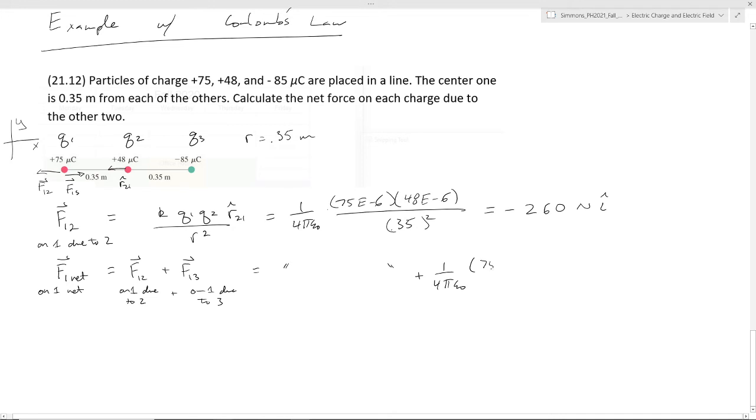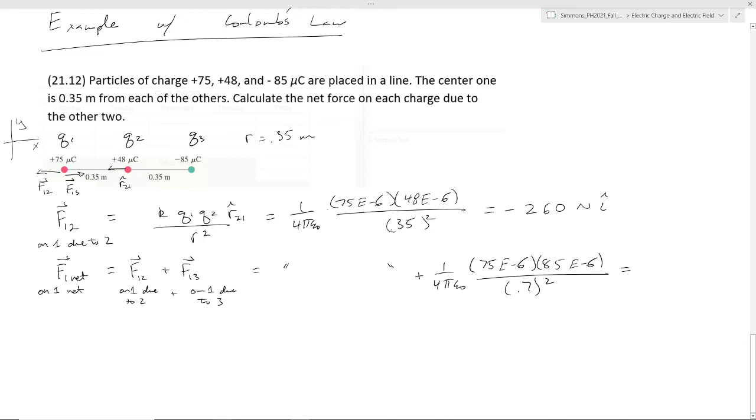So let's see here. We would have 75 microcoulombs, 85 microcoulombs. Now instead of 0.35, we're going to have 2R, so this would be 0.7 squared. And notice this one would be positive. It's in the positive x i hat direction.